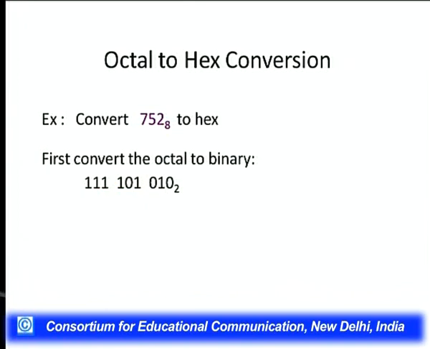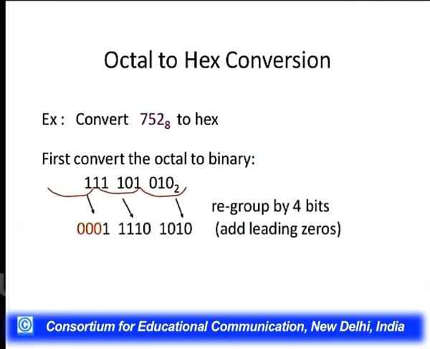For octal to hexadecimal conversion, here is another example where you have the octal number 752, which needs to be converted into hexadecimal. Again the procedure is the same. For each octal digit you find the equivalent binary number, then you rearrange into groups of 4, because now you want to convert to hexadecimal.